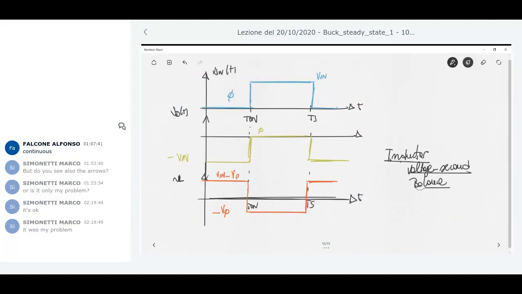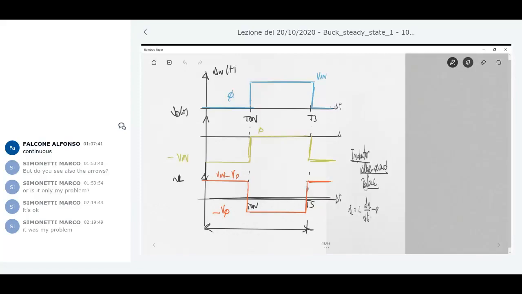It is derived from the relationship between the current and the voltage in inductors, which is VL equals L times the time derivative of the current. Let me integrate this expression over a period Ts, from 0 to Ts. What happens if I integrate this expression?